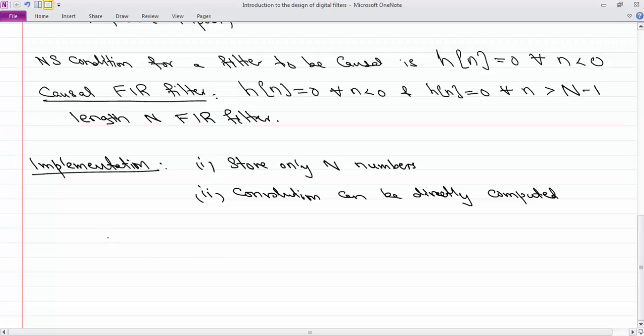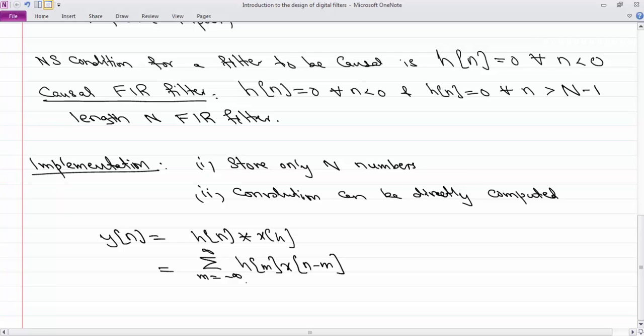So why is that? Well, your output y[n] is h[n] convolved with the input. So we write the formula, sum from minus infinity to infinity, h[m] x[n minus m]. But my h is only non-zero for m from 0 to N minus 1.